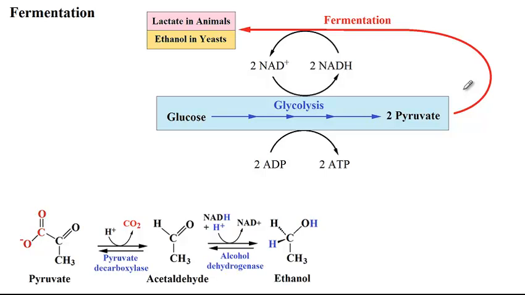So during the glycolysis, all the NAD plus are used to be converted into NADH in order to generate ATP. But the problem is that if we run short of NAD plus, glycolysis cannot carry out anymore. So therefore, by undergoing fermentation, the NADH can be converted back to NAD plus in order to allow the glycolysis to go through.